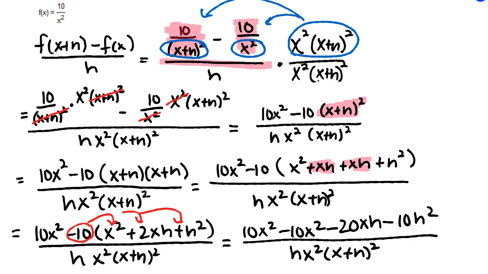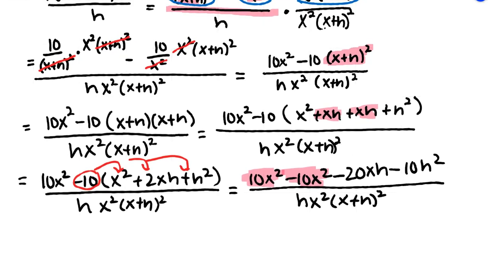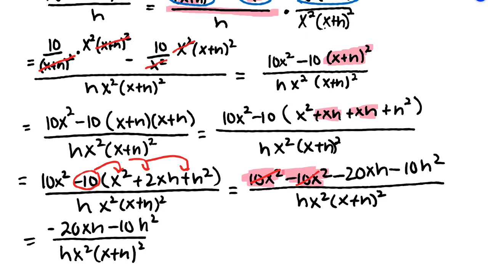So now we're going to be able to cancel out these like terms of positive 10x squared and negative 10x squared. So those cancel, leaving me with negative 20xh minus 10h squared over h x squared times (x plus h) squared.